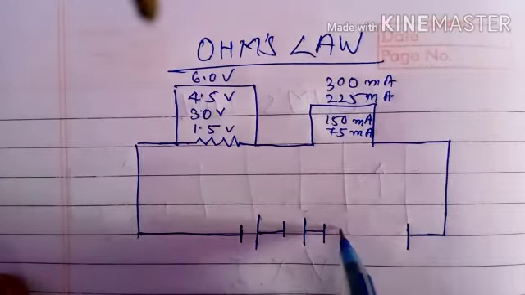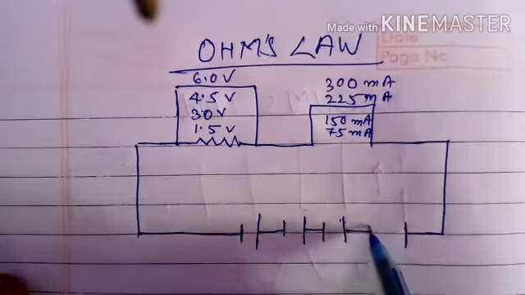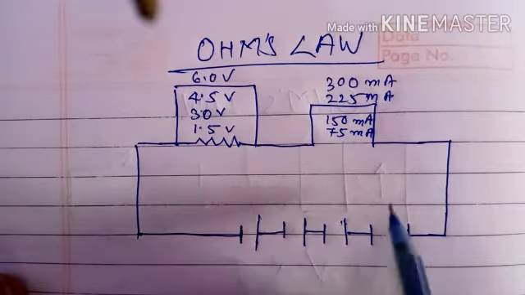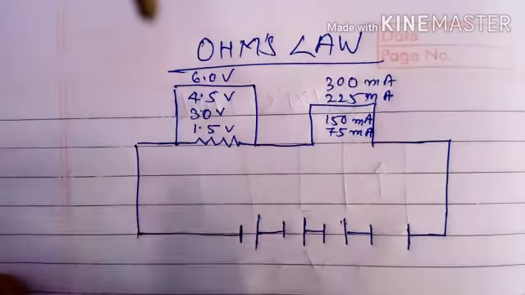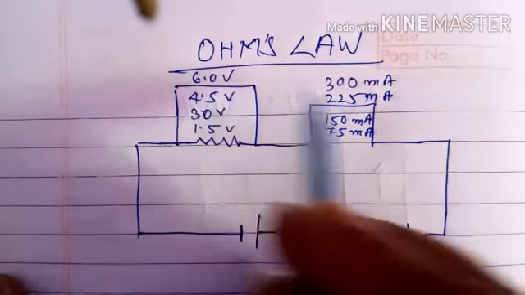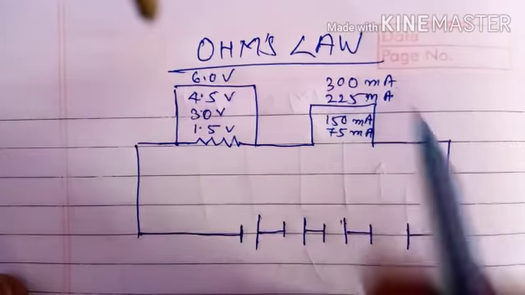As we increase one more cell, that is the fourth cell, 1, 2, 3 and 4, now the number of cells is 4. So in this case the potential difference will be 6 volt, whereas the reading of the ammeter will be 300 milliampere.